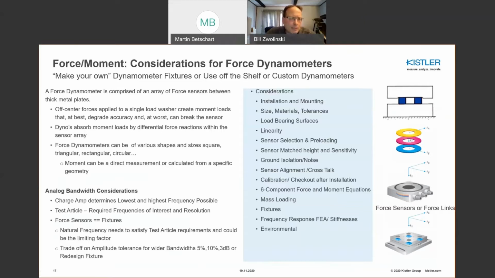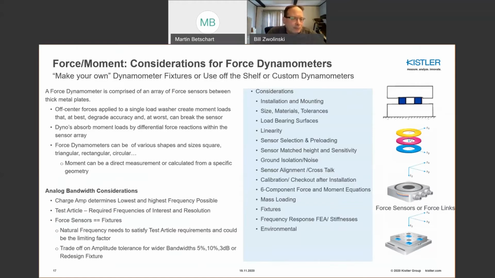You need to always keep that in mind. And the charge amp system that I've talked about usually gives you the broadest band of frequencies under consideration. The test article a lot of times requires a subset of what the charge amp can actually do. But the real challenge and the real objective of creating a force measurement is really getting the force sensors and fixtures, whether you're using a dynamometer or other fixtures, to realize those frequency requirements of the test article.